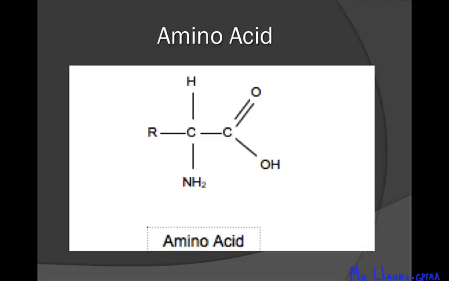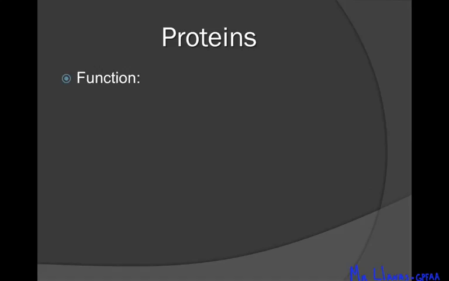We said that amino acids are put together in the ribosomes to make polypeptides, which are proteins, right? So amino acids are the monomers, the small units that make proteins, and the polymers we call polypeptides. Remember, a lot of amino acids create a polypeptide, and that's what proteins are.